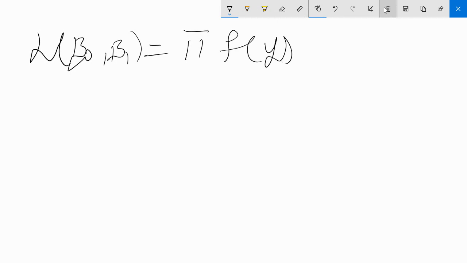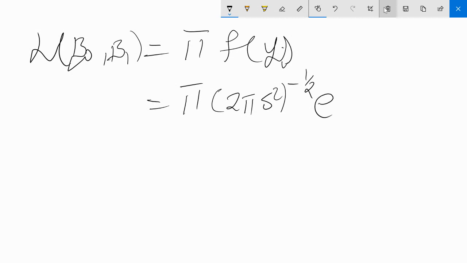We're going to have the product of our function. So our function is 1 over the square root of 2 pi sigma squared, e to the power minus 1 over 2 sigma squared, times y minus the mean, which is beta 0 minus beta 1 xi, squared.